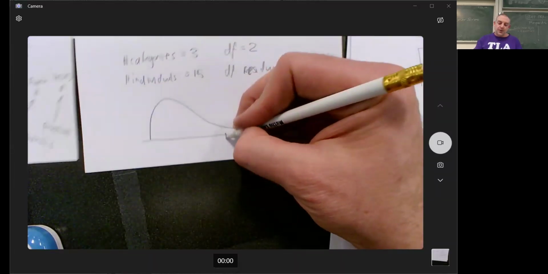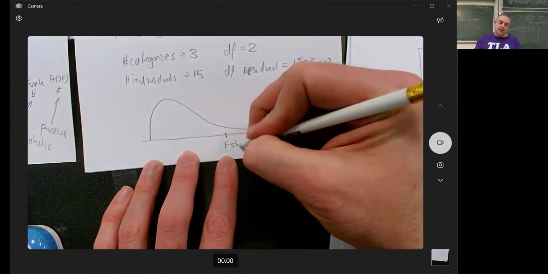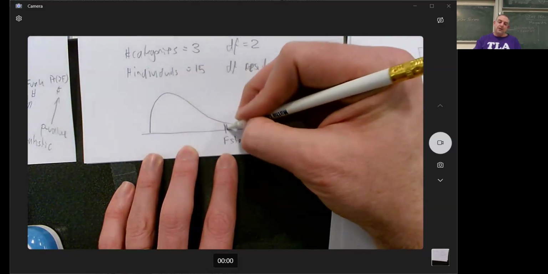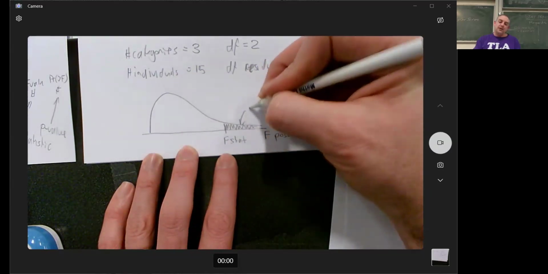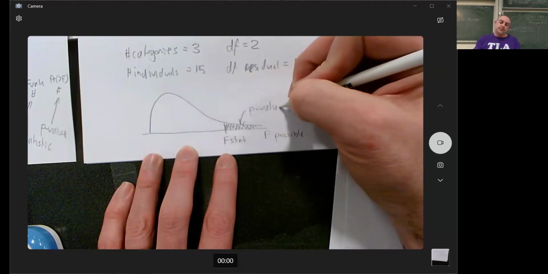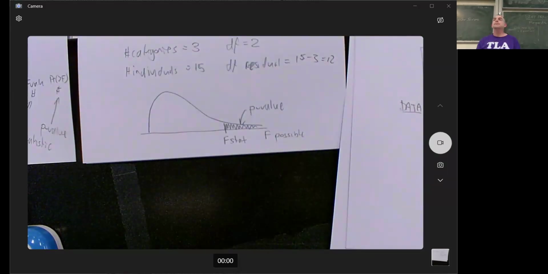And your F will be here. That'll be your F statistic. And this area here is the p-value. And the smaller that is, the stronger your evidence is against the null hypothesis. It's all a big proof by contradiction, but with probabilities.